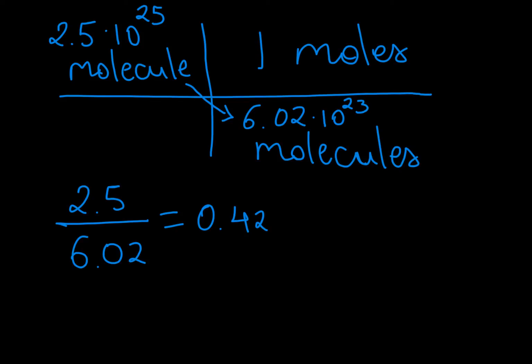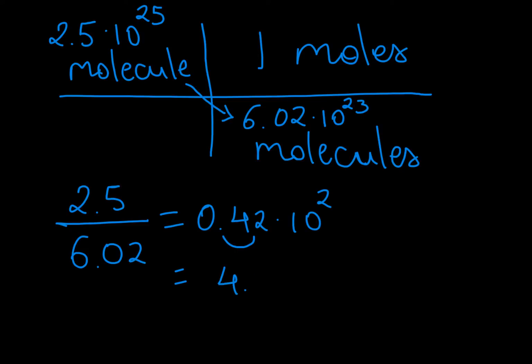Now we're going to take our exponents, which were 25 and 23. But since we are dividing, we are going to subtract the exponents, and so this will become 10 to the second power. And we will rewrite this in scientific notation. So we're going to move this decimal one place to the right.